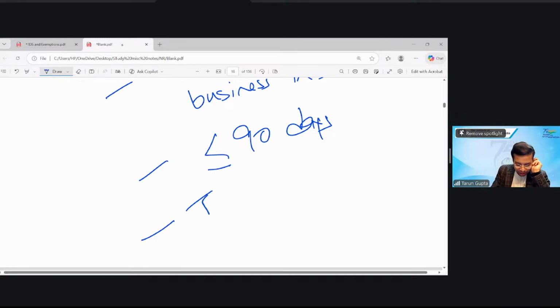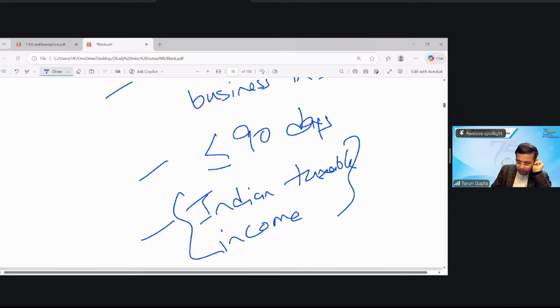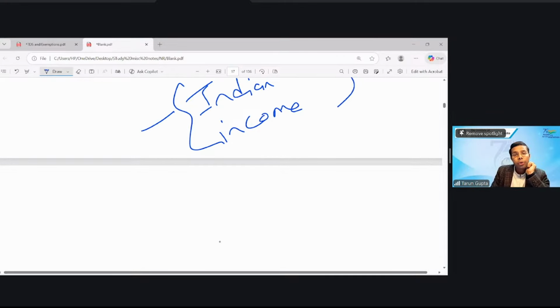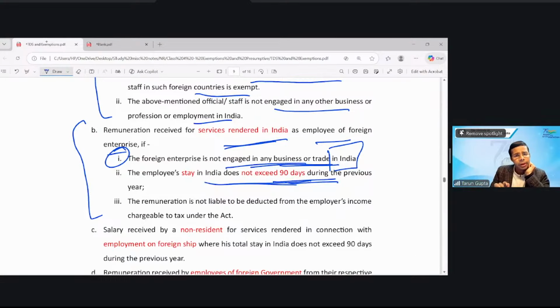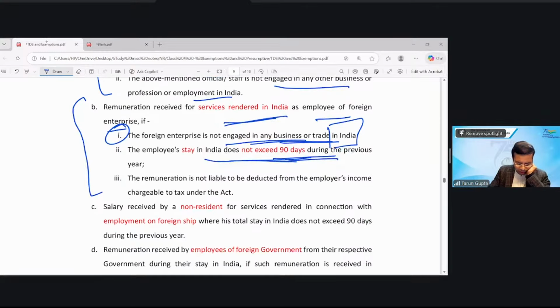We are talking about the Indian taxable income of Microsoft Inc. While computing this Indian income, Microsoft Inc. should not claim the deduction of the salary paid to this individual. If all these three conditions are satisfied, then the salary so received is exempt in the hands of the individual. Clear? If you see again, there is no condition that the individual should be non-resident.